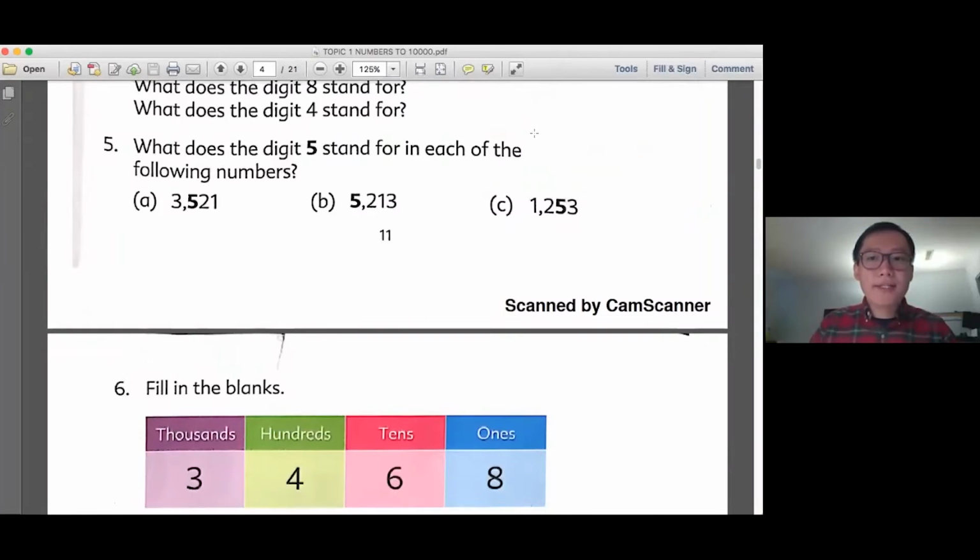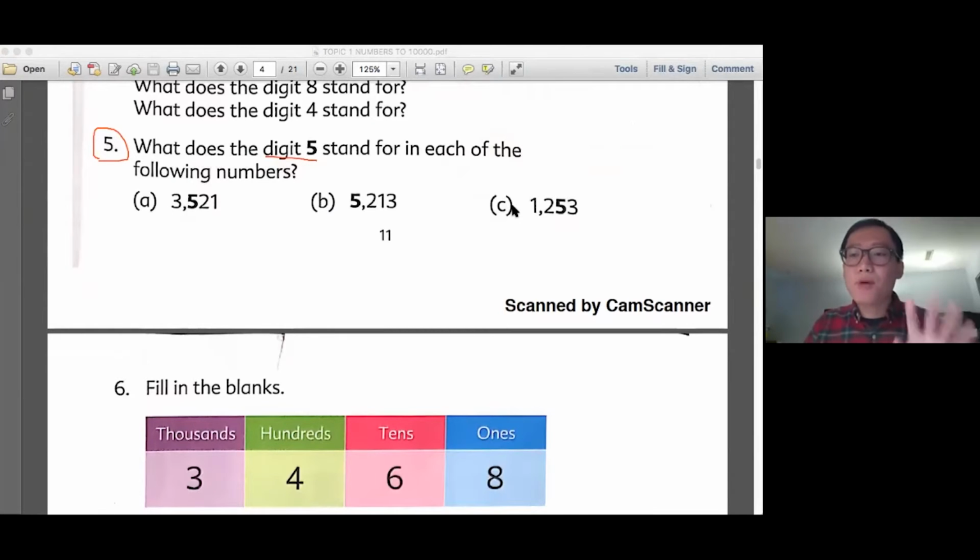Okay, let's look at question number 5. Which value does the digit 5 stand for in each of the following numbers? You can see A, B, C, they are all 4-digit numbers, but the number 5 comes in different places. In part A, the number 5 is in the hundreds place.